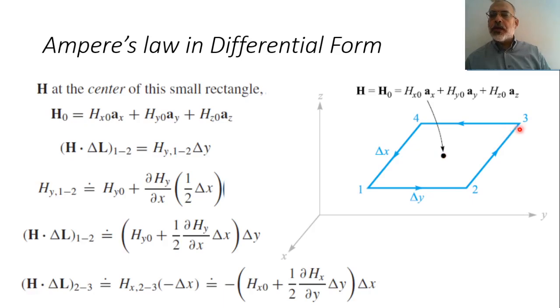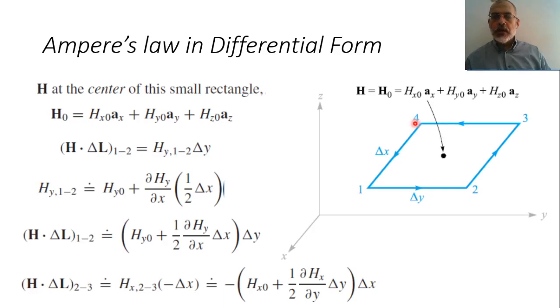So along the path 3 to 4, H dot dl would be Hy0 minus the derivative of Hy with respect to x multiplied by delta x over 2, multiplied by minus delta y, not delta y, because here along the line 3 to 4, the direction is in the negative y direction, not in the positive y direction.